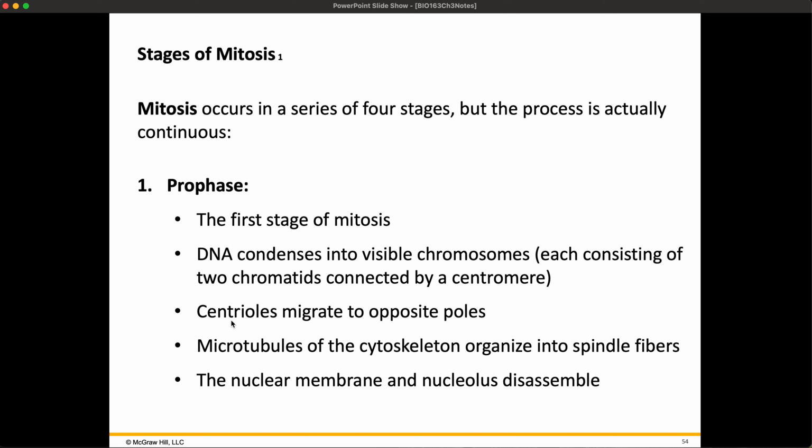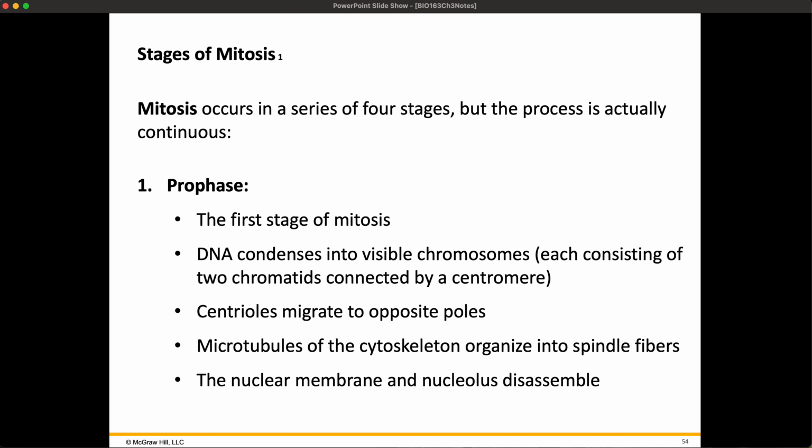Remember, centrioles are those tube-like structures that are going to help with the splitting of the genetic material. The microtubules start to organize into spindle fibers. This is what's going to connect to the chromosomes. And the nuclear membrane and nucleolus start to dissolve. Because again, mitosis is dividing of the nucleus, and so that nuclear membrane has to break apart for it to be able to be separated.